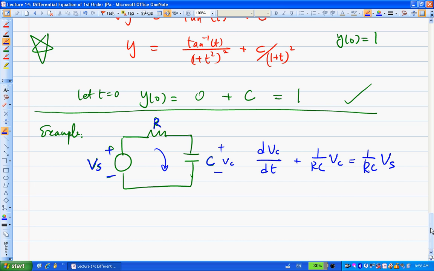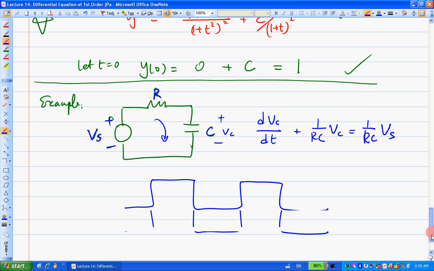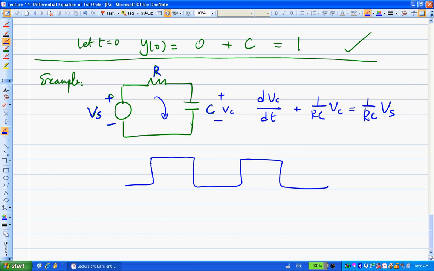If you recall that, what does it look like when you put in a square wave? It goes like this, right? The question is why it goes like that.